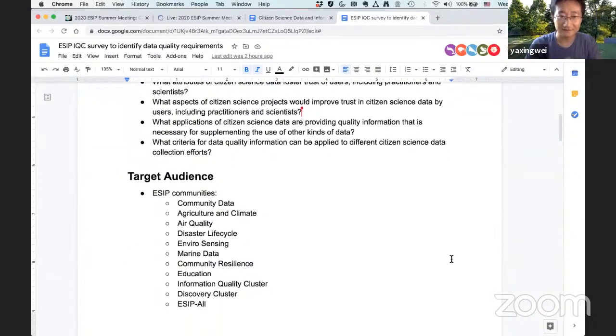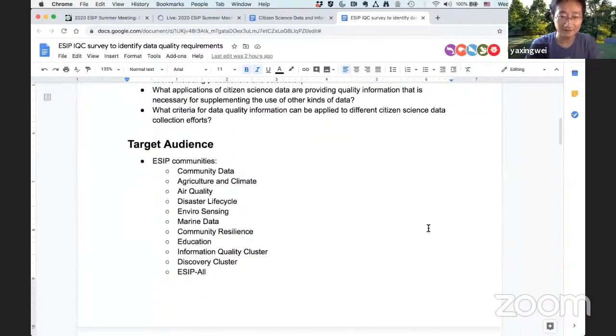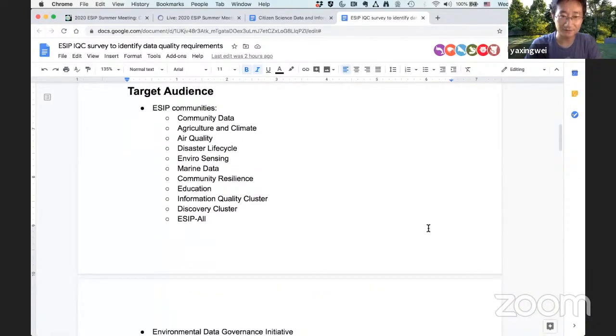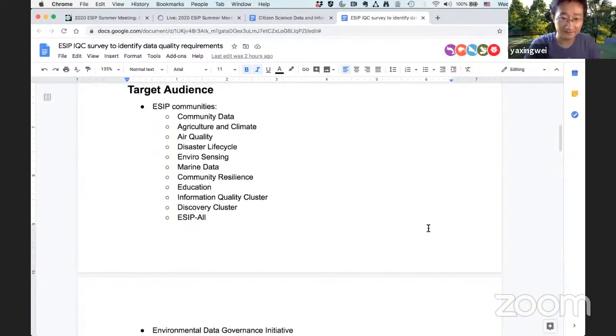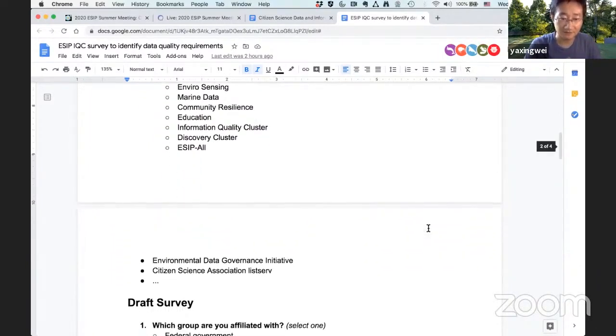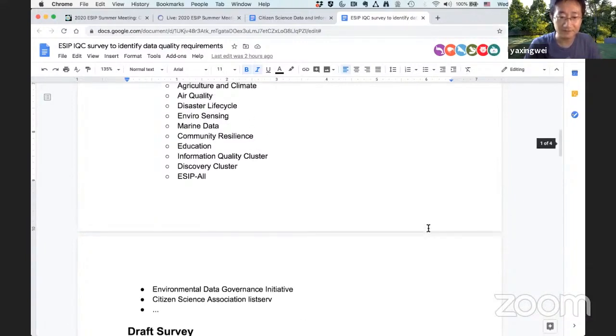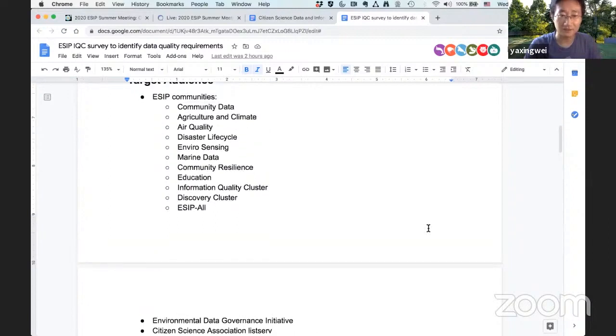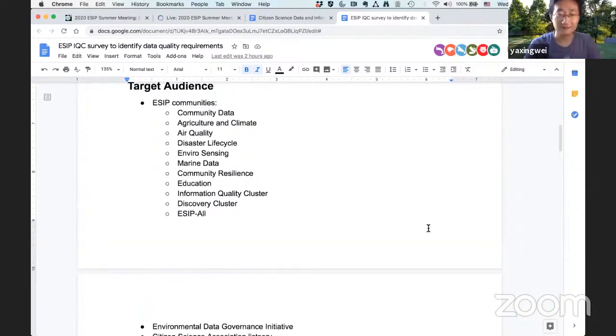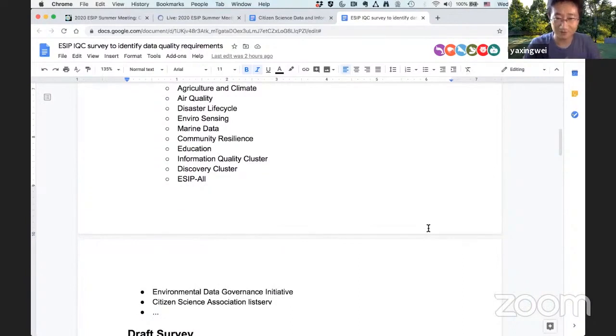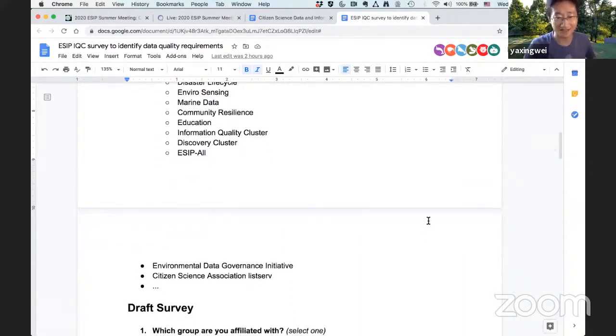And then the target audience that we identified through our previous discussion currently include a number of ESIP communities and also the Environmental Data Governance Initiative, and also the Citizen Science Association mailing list. There can be additional communities that we can target. And I'm looking forward to seeing your thoughts and comments on that.